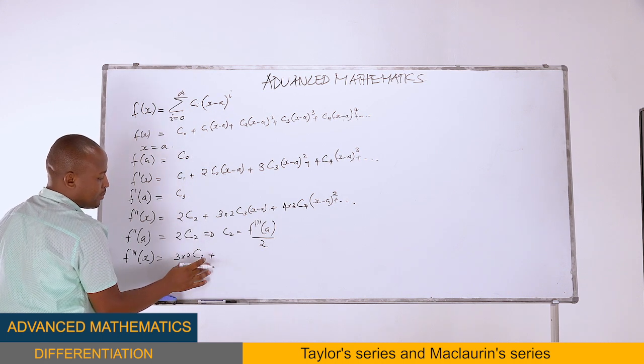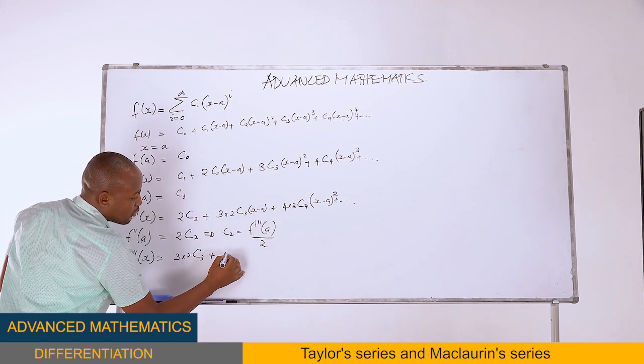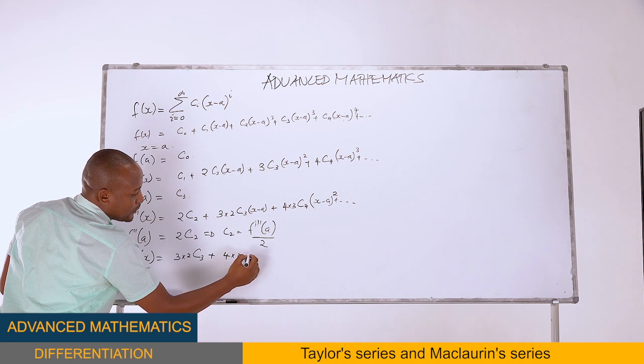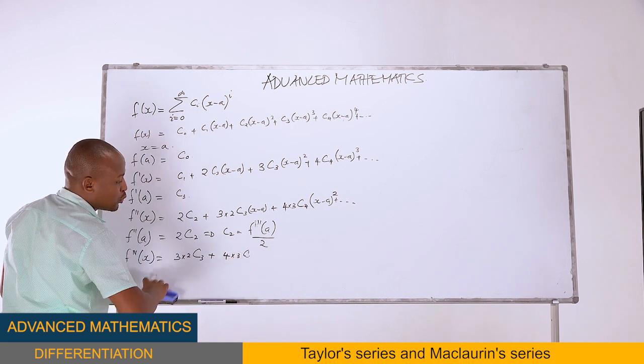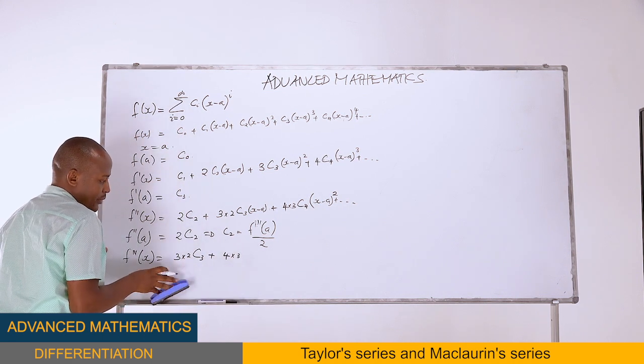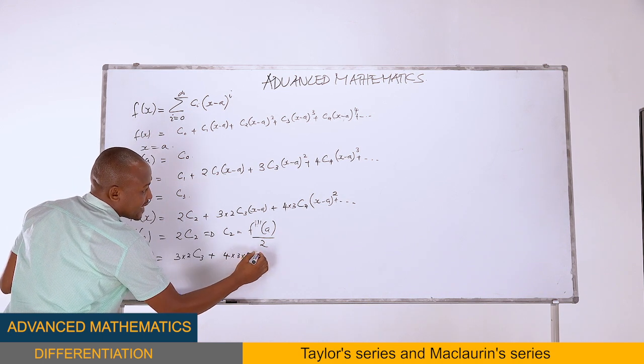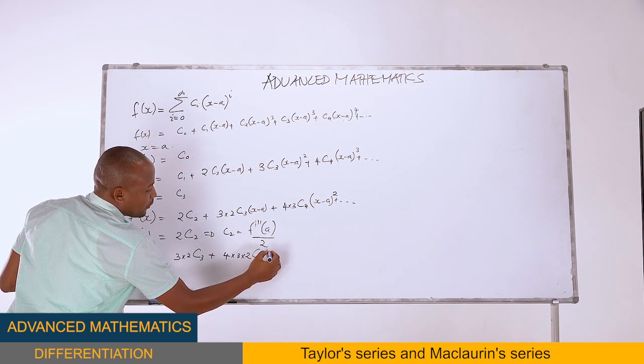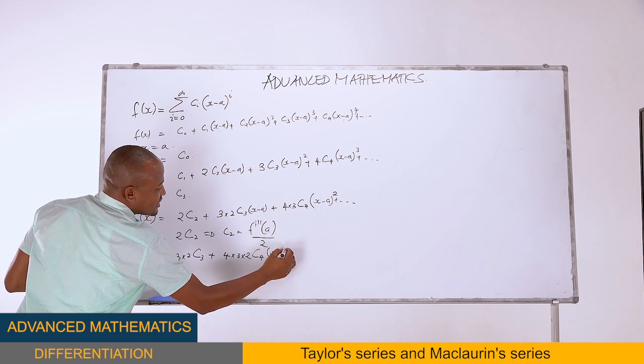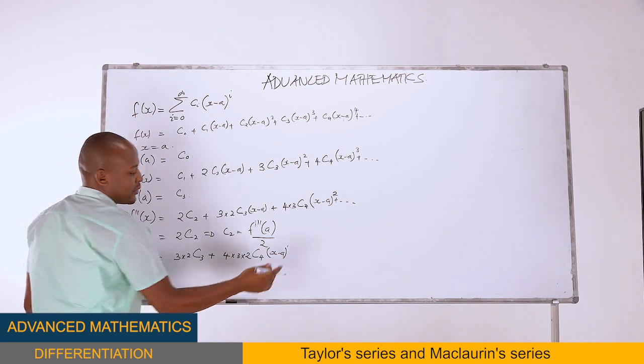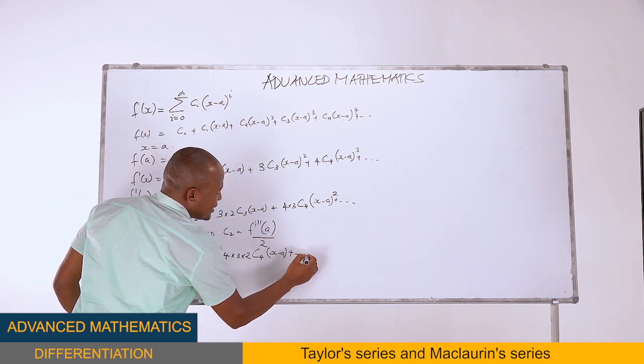That is to say, it will be plus 4 times 3 times 2, sorry, times 2 c sub 4 times x minus a raised to 1, and we can leave it like that.